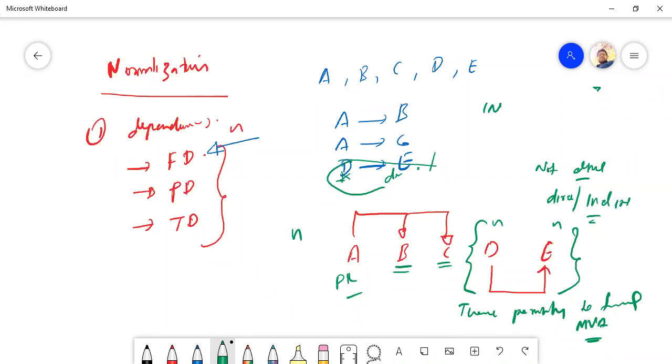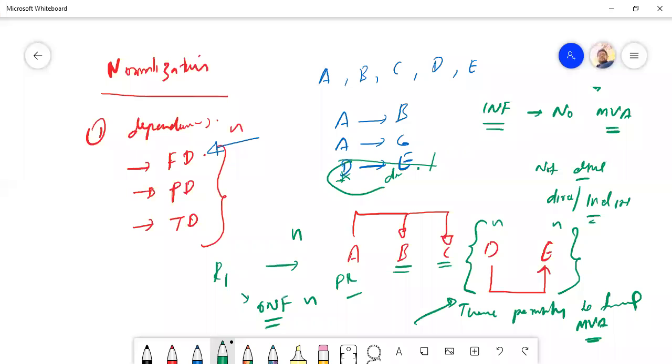If you say a relation is 1NF, no multi-value attribute must exist, so you must be careful. So for this relation R1, you can simply say this is 0NF, because a multi-value attribute is there.